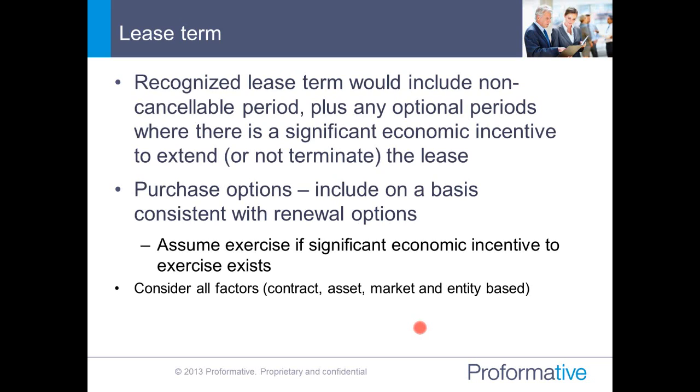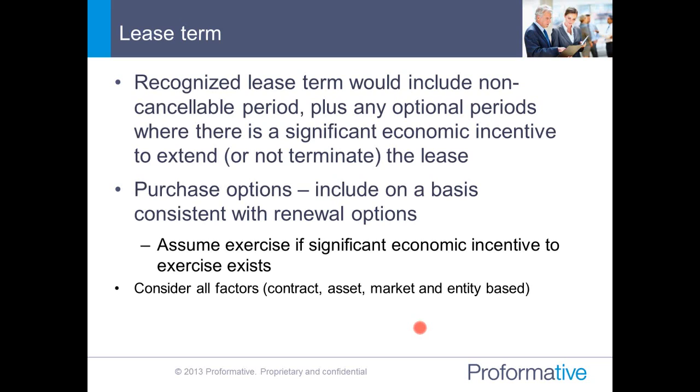That's the kind of compulsion test that exists in today's GAAP, and now it seems that we're just calling it by another name. So in other words, bargain or compelling renewals will have to be added to the non-cancelable lease term to determine the lease term for purposes of figuring what rents have to be capitalized.